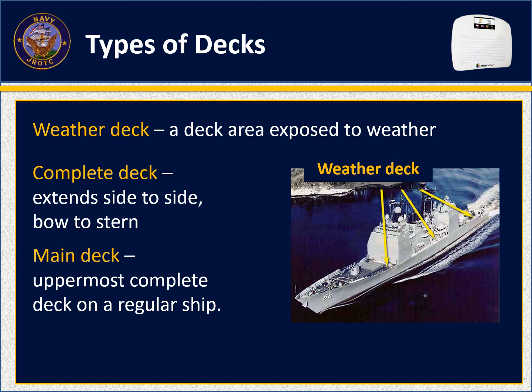Now, the decks in the ship's hull are numbered 1, 2, 3, 4, 5, and so on and so forth, working your way down. In the superstructure, the decks are called levels. O1 level, O2 level, O3 level, and these go in succession, working your way from the main deck.